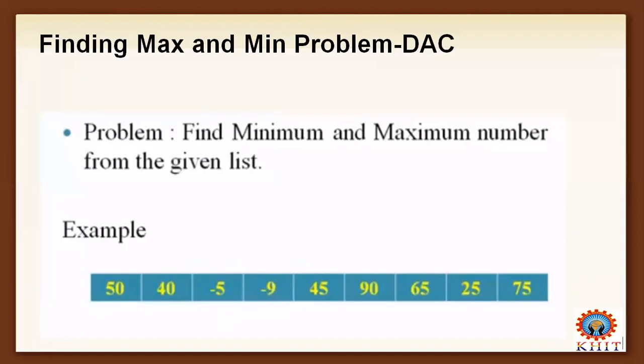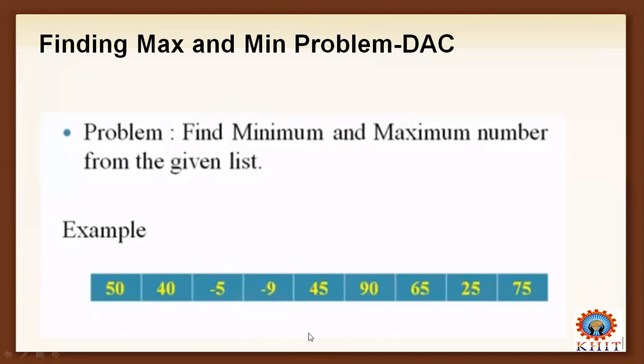By using this principle, the given array is divided into two subparts, and again the left side subpart and right side subpart are also divided into two equal subparts. Continue the same procedure until the array is divided into individual elements.